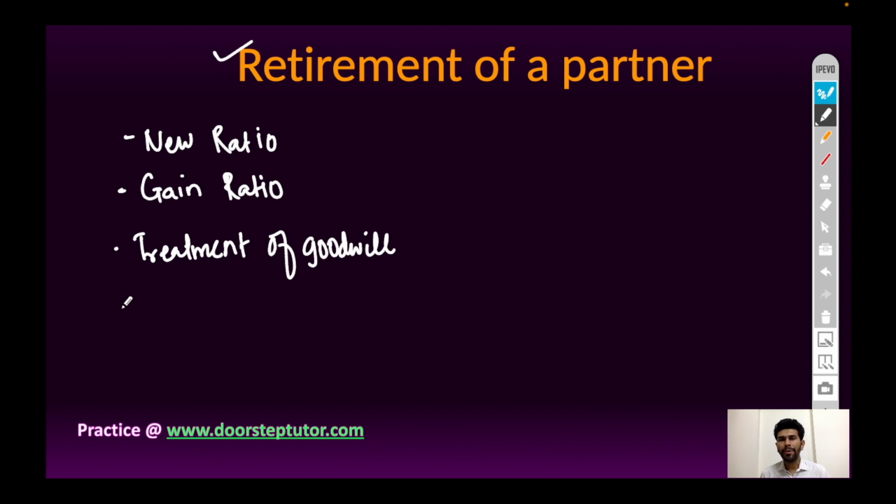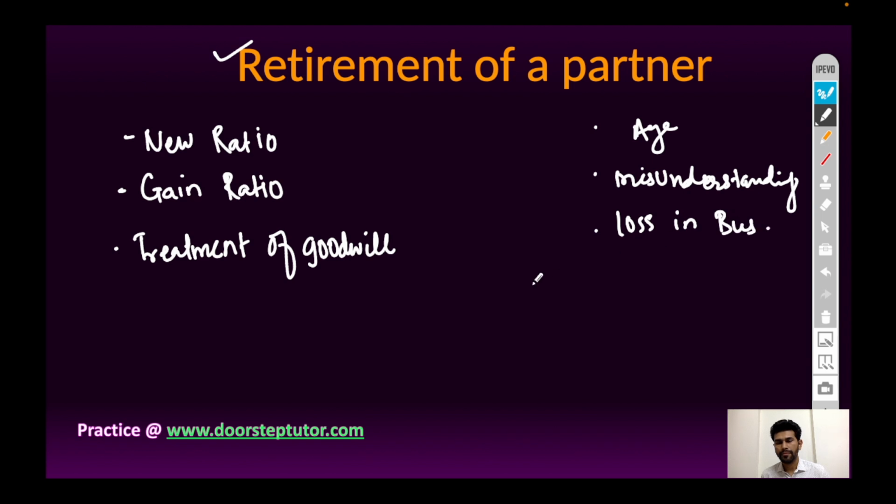A partner can retire due to age, misunderstanding among partners, loss in a business, or starting a new venture.